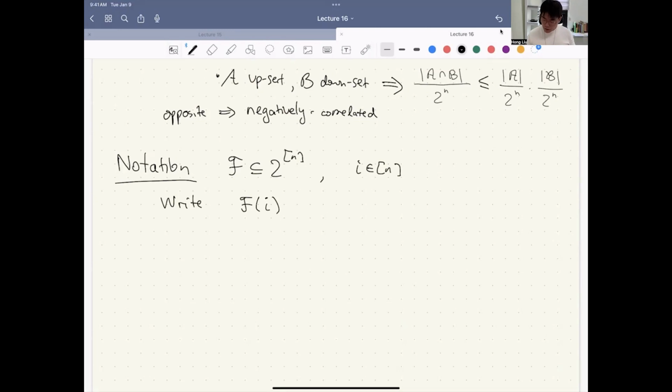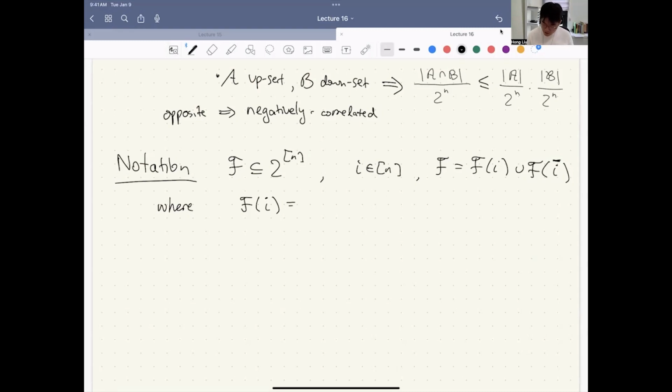We have a natural way to partition the family F, the members of sets in F. We can partition F as F_i union F_i-bar. What does it mean?